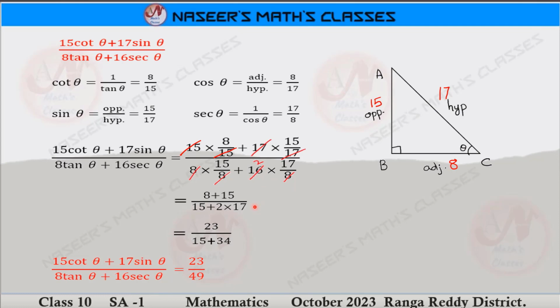So the remaining values are written as 8 plus 15 upon 15 plus 2 into 17. 2 into 17 is written as 34. Therefore, we get in the numerator 23 upon 15 plus 34. Here 15 plus 34 is 49. Therefore, 15 cot theta plus 17 sin theta upon 8 tan theta plus 16 sec theta is equal to 23 upon 49.